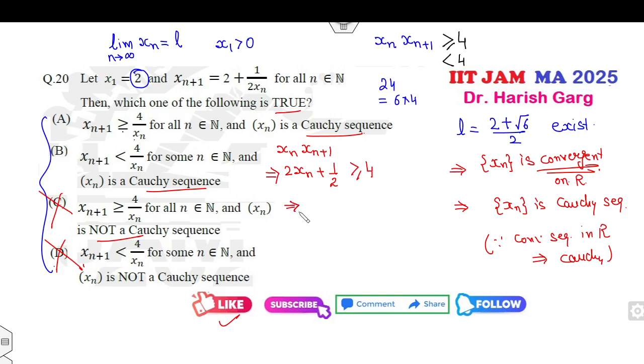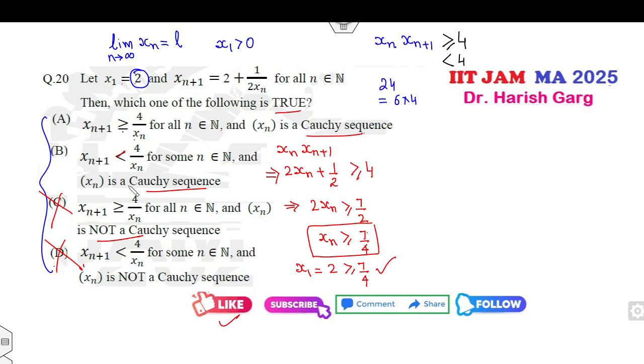So that means 2xn is greater than or equal to 8 minus 1, 7 over 2. xn is greater than or equal to 7 by 4. Fine. Now we can see what is the value of x1. x1 is my 2. This is 7 by 4. Is it greater than 7 by 4? Yes, satisfied.